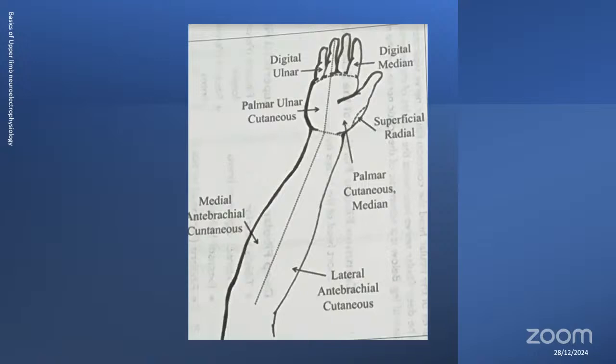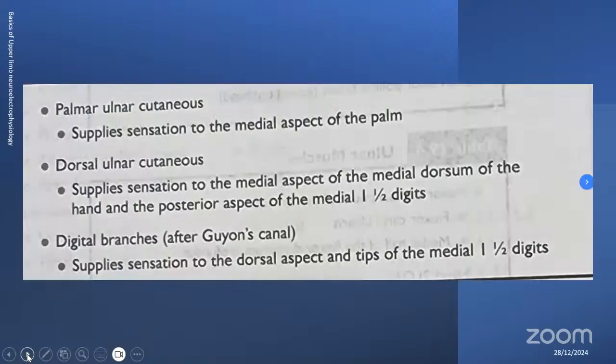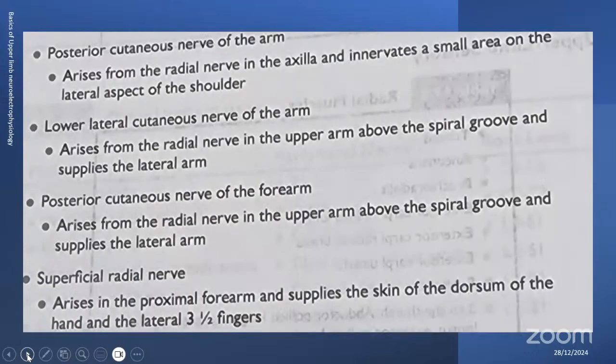If the sensory loss extends to the medial aspect of the forearm, then it is no more ulnar nerve, it is C8, T1 distribution sensory loss. So these are the branches which we usually do sensory testing on.